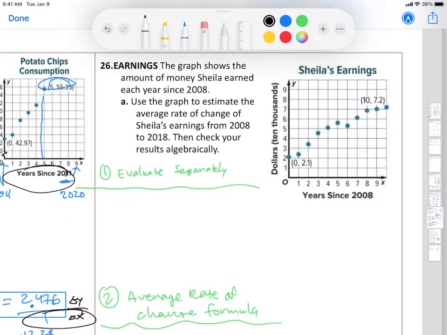Number 26, earnings. The graph shows the amount of money Shyla earned each year since 2008. Use the graph to estimate the average rate of change in earnings from 2008 to 2018, then check your answers algebraically. Remember, 2008 is here at 0.